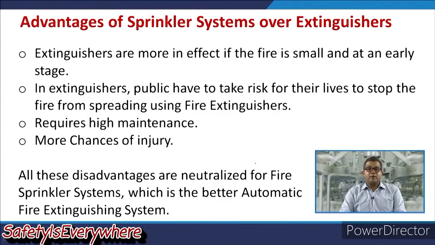These extinguishers require high maintenance and sometimes you need to refill frequently. There may be chances of injury while using them, or when they are redundant. All these disadvantages are neutralized in the fire sprinkler system, which is a better automatic fire extinguishing methodology.